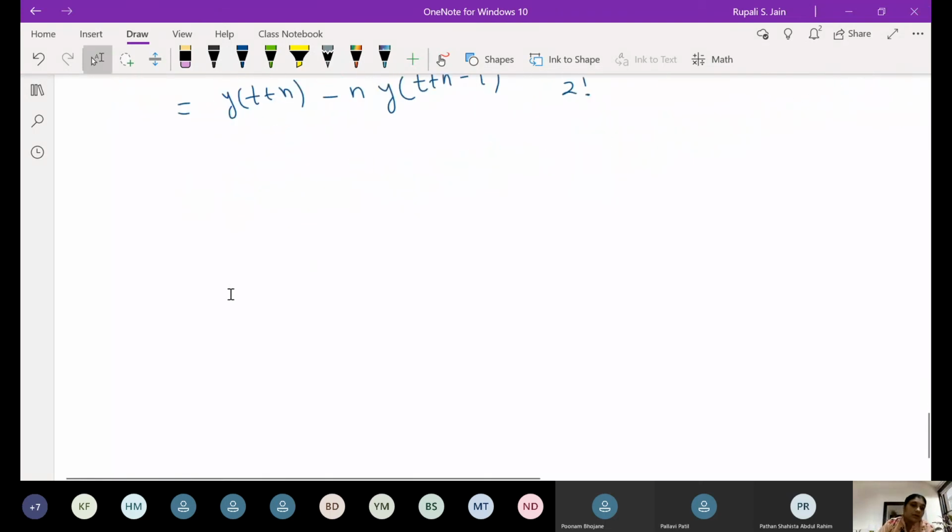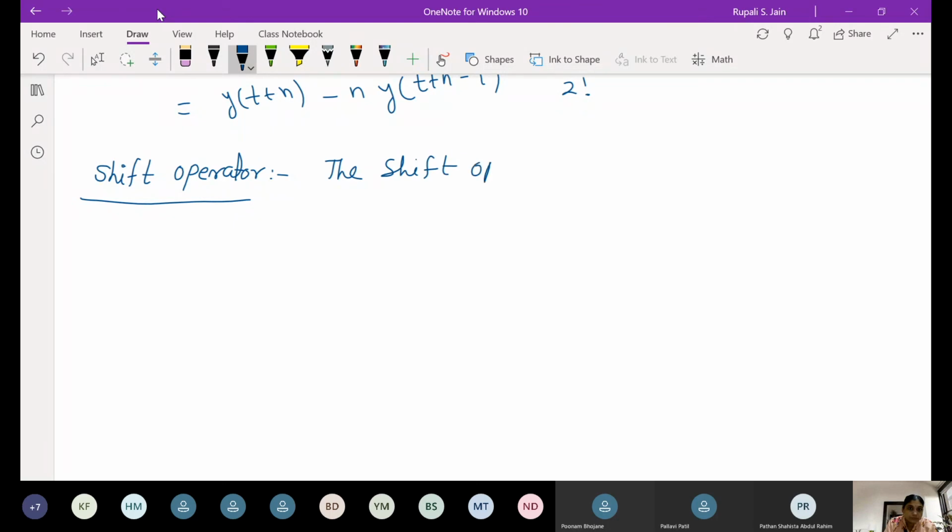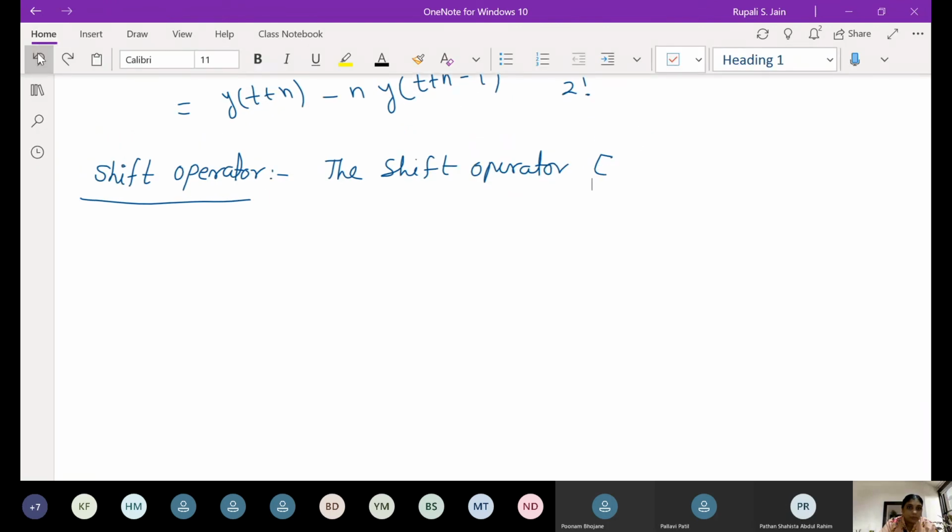Up to now we have seen what the difference operator is. Now we will define another operator: the shift operator, denoted by E. The shift operator E is defined as E of yt is equal to y at t plus 1.